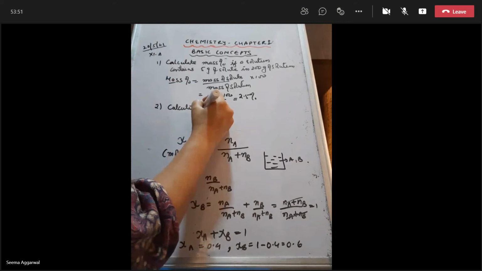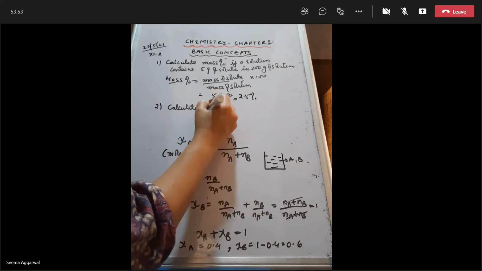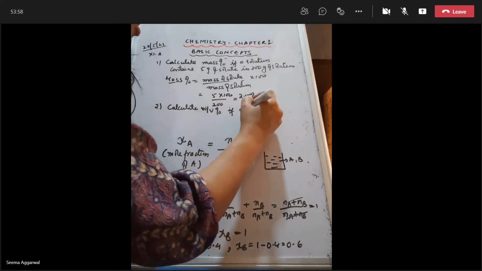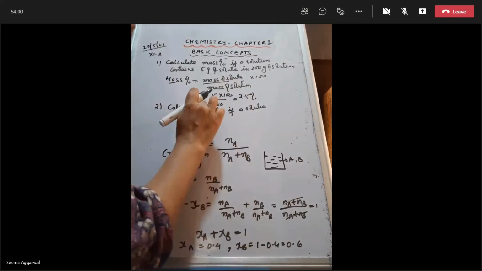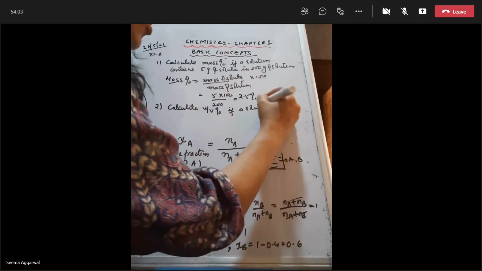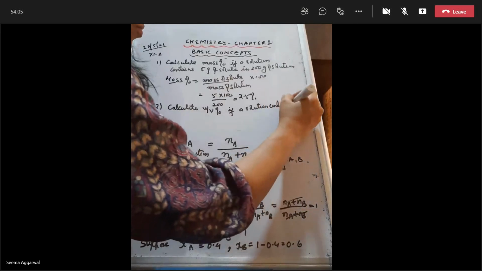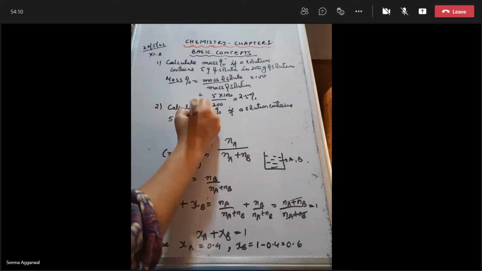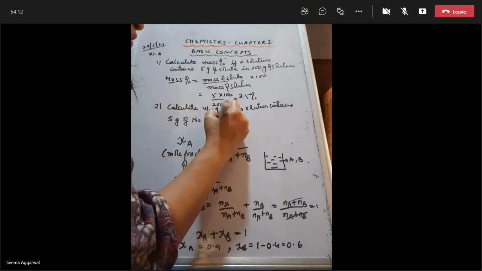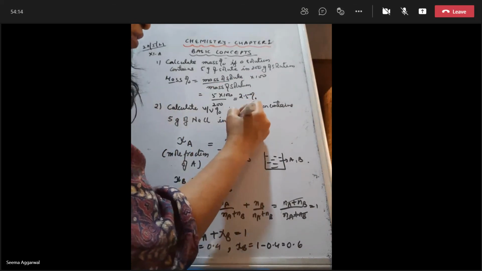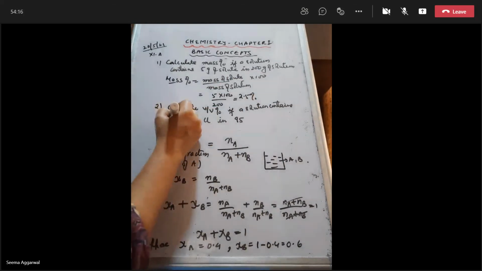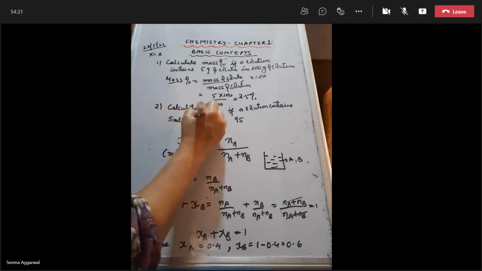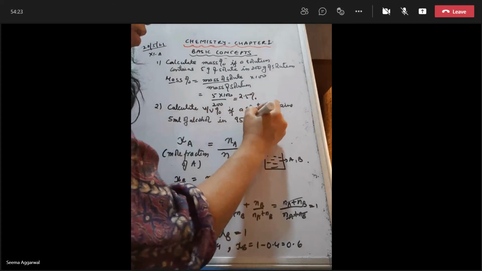Calculate volume by volume percent. If a solution contains 5 ml of alcohol in 95 ml of water.